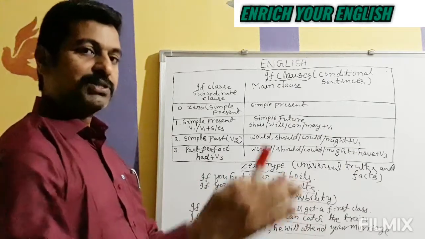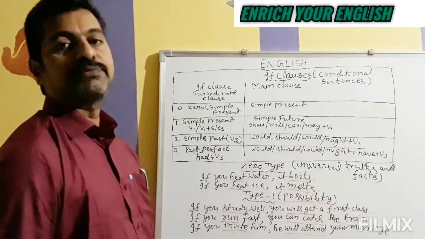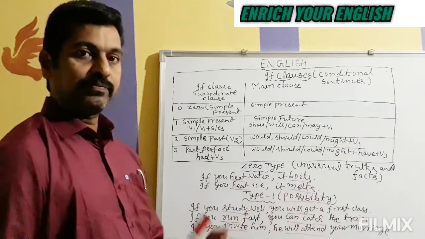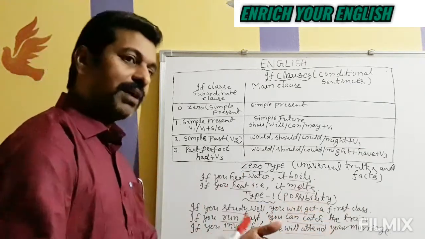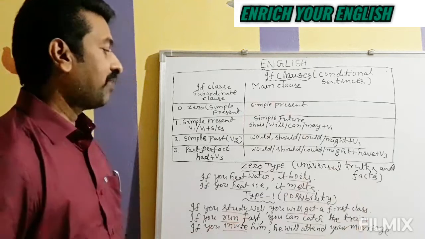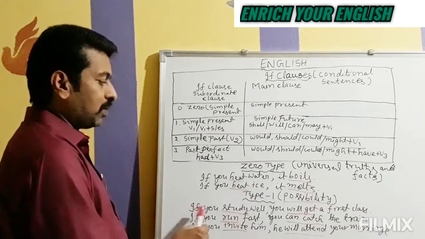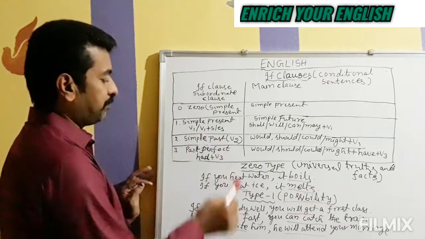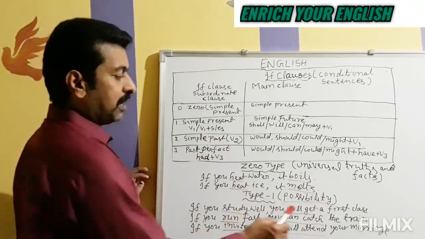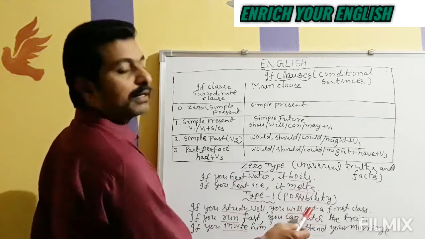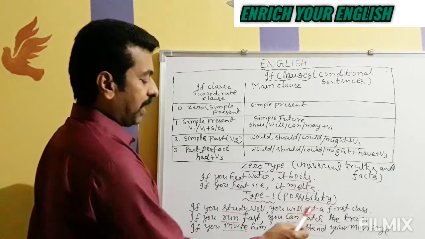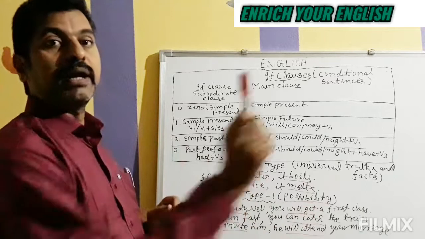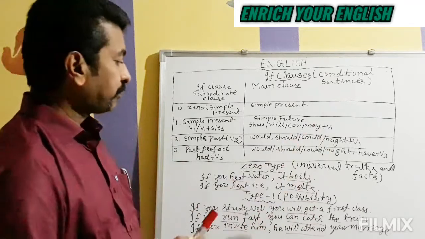Friends, here the rule is, in if you study well, study is simple present. In the main clause, simple future: will get, will plus V1. If you study well, you will get a first class.